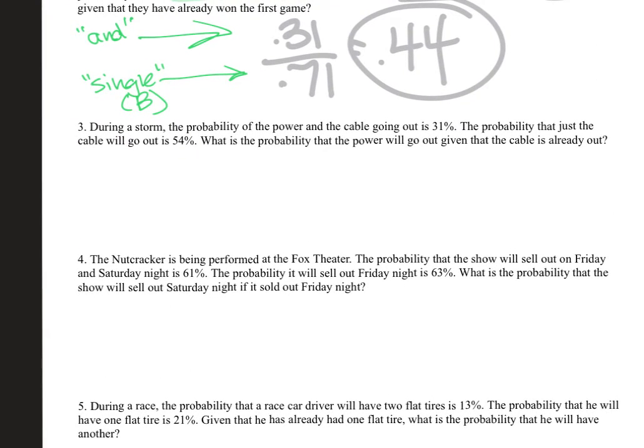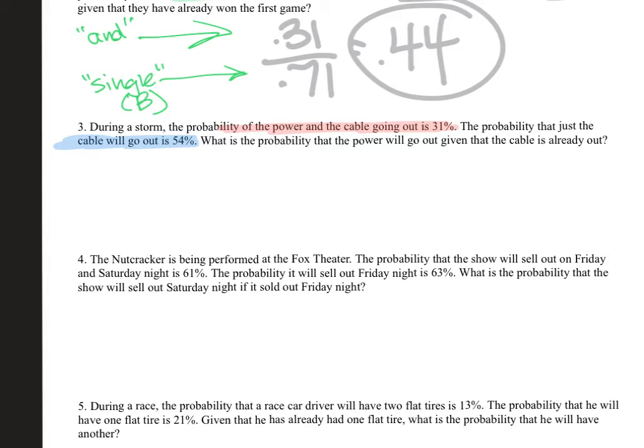All right, the next one. During a storm, the probability of the power and the cable going out is 31%. The probability that the cable will go out is 54%. What is the probability that the power will go out given that the cable is already out?